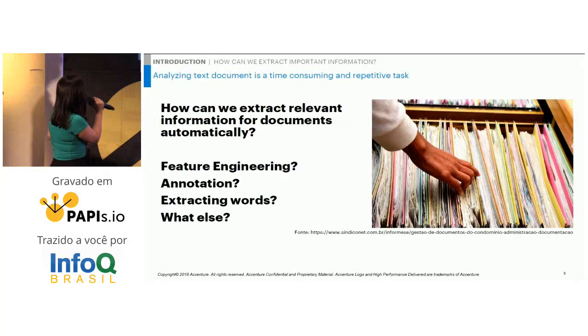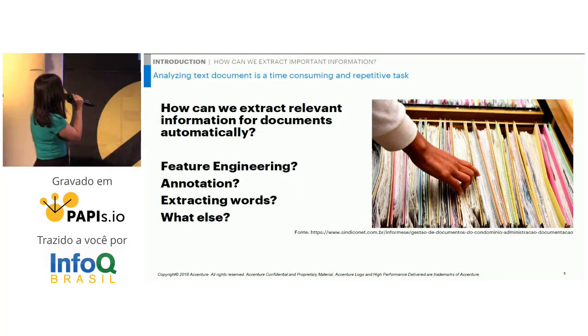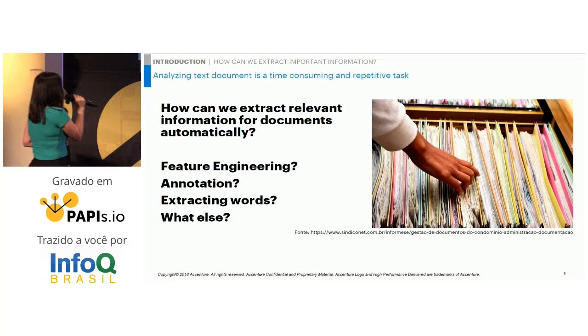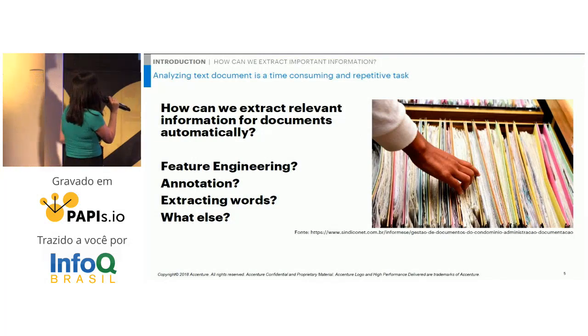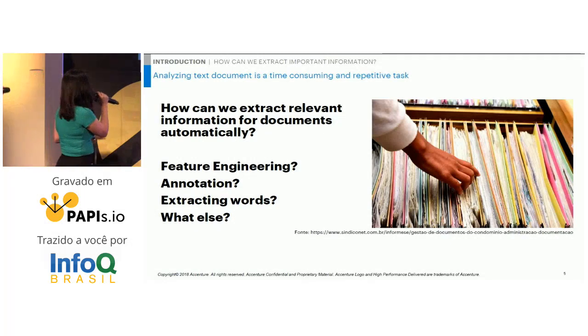Okay, so the main idea of this talk is how can we extract important information from documents? We know that analyzing text documents is a time-consuming and repetitive task. So how can we extract relevant information from that automatically? Feature engineering, annotation, extracting words. What else?